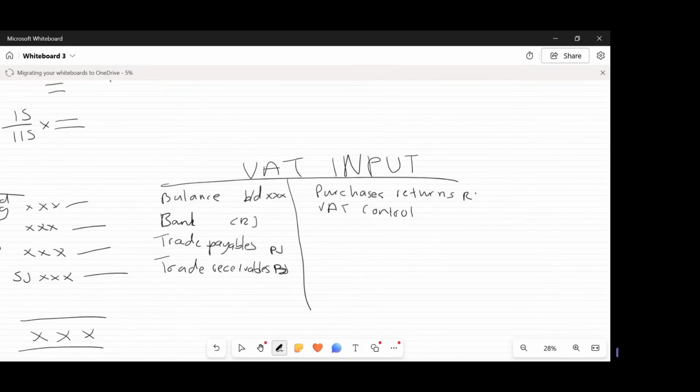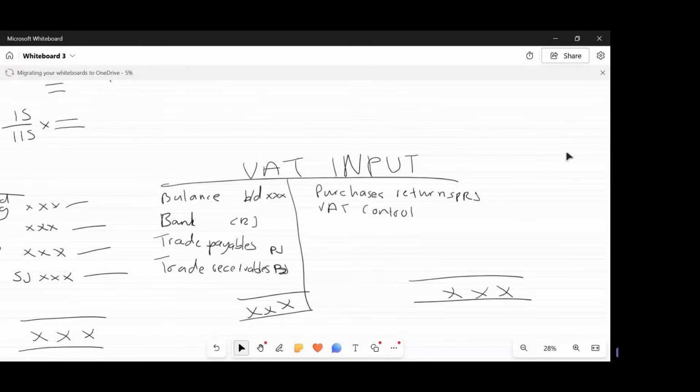Then you balance it off. The amount that you have on the debit side should also be the amount on the credit side. Just go through the VAT class that we did, and you will see the format and it becomes easy for you.